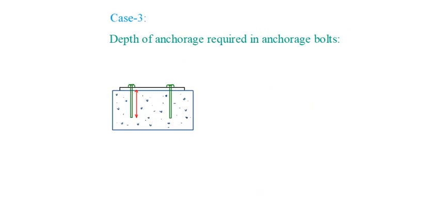Whereas depth of anchorage required in anchor bolts, let us say it is LD, then LD will be equal to Fs into phi diameter of bolt by 4 times tau bd, where Fs is fyb by gamma m0.